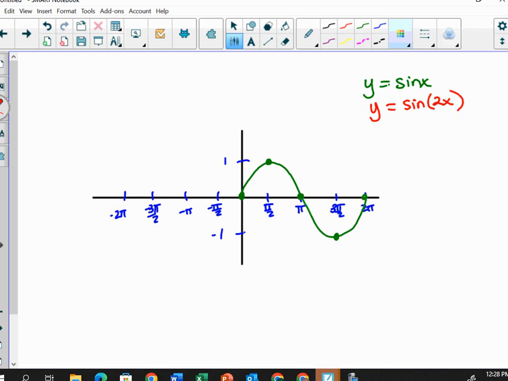If I were to graph this on the same x-axis out to 2 pi, this is what it would look like. So yeah, you're dividing. Do you see it?